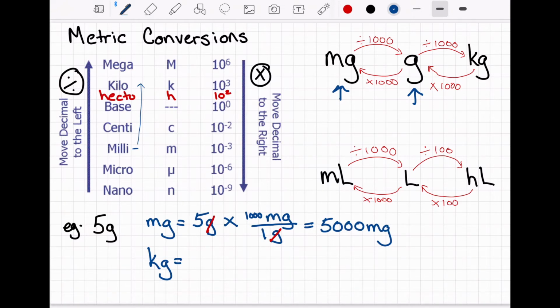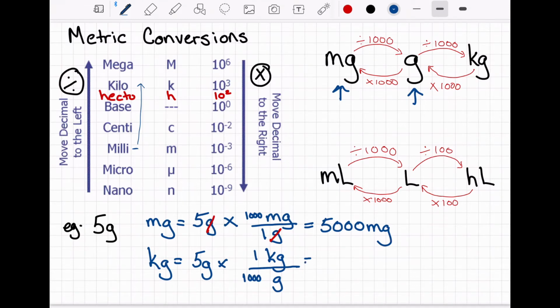So we're going to start with our 5 grams. And this time we want to have kilograms as our final unit. And again, we need to put grams on the bottom so that we can cancel out that unit. So we know that 1 kilogram equals 1,000 grams.